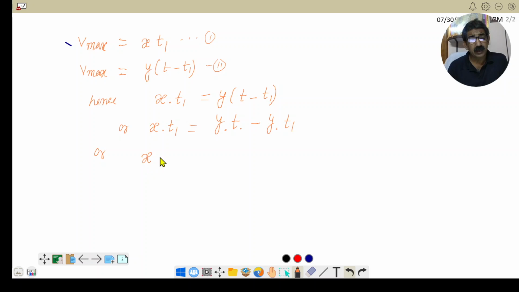The y T1 term comes to the left hand side, so x T1 plus y T1 is equal to y into T. T1 taken common, T1 into x plus y is equal to y into T, or T1 is equal to y T divided by x plus y.